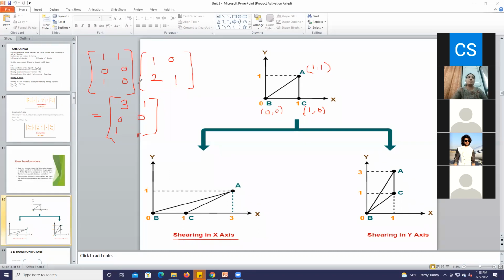And C is (1, 0) before and after. So before shearing, it was (1, 0). After shearing, it is (1, 0). That means if you look at the original object and the transformed object, it is the pull of A along x-axis. So we are going to pull A vertex in x direction.